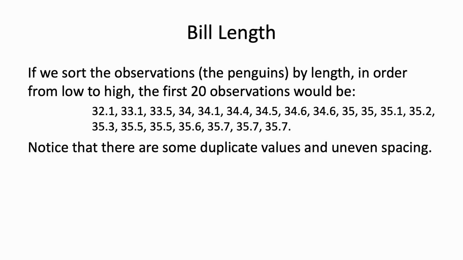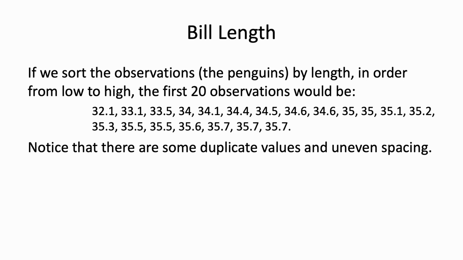If we sort the observations, the penguins, by length in order from low to high, the lowest 20 observations would be starting at 32.1 and going to 35.7. Notice that there are some duplicate values, like the last 3 values are all 35.7, and that because of the decimal place, there's a lot of uneven spacing between the points.